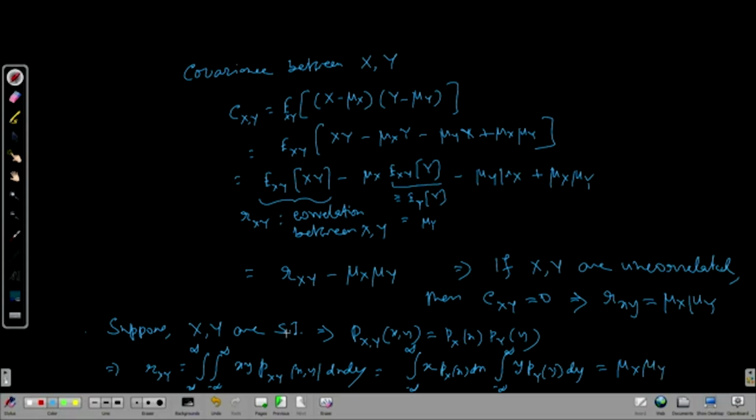So, if they are statistically independent, R xy, the correlation, is the product of the means, they are uncorrelated, the covariance is 0. This means, if X, Y are statistically independent, then C xy is 0, because R xy is the product of the means as required here, meaning X, Y are uncorrelated.